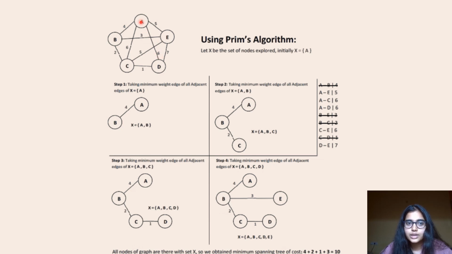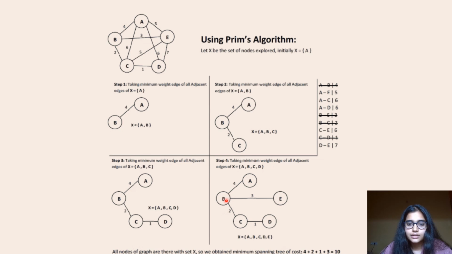So what I do is I'll visit A to B, B to C, and C to D. And here I can check that B can also visit E. And also C can also visit E. Now I'll consider among these two the lowest value, that is B visits E.